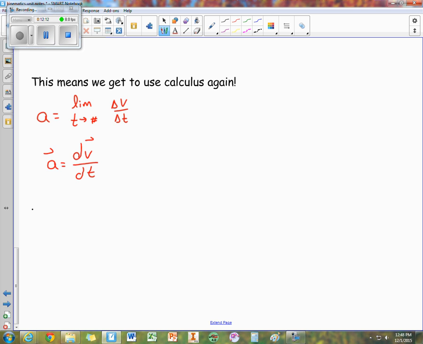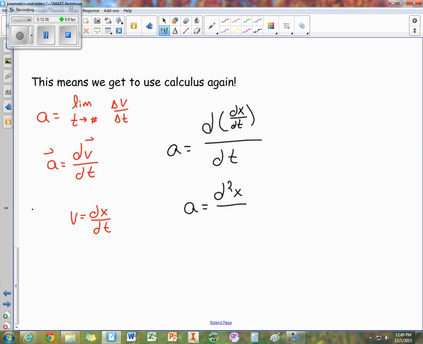But remember, v is dx over dt. So that means that acceleration would be dx over dt over dt. Or I can rewrite it as the second time derivative.